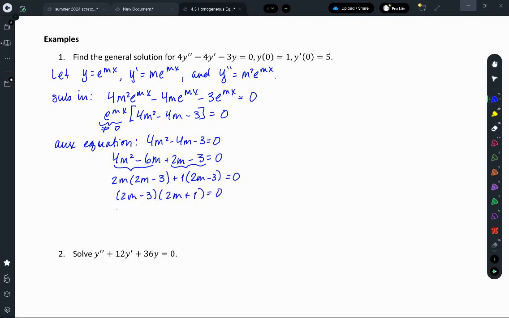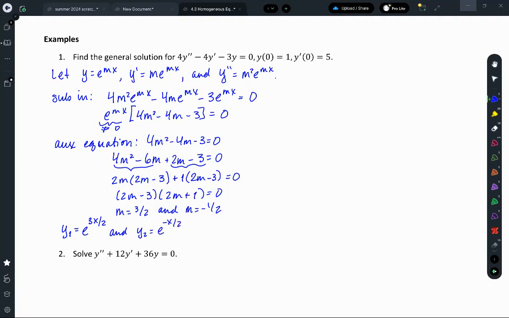All right, so m is equal to 3 halves, and m is equal to a negative 1/2. So what that tells me here is that y1 is equal to e to the 3x over 2, and y2 is equal to e to the negative x over 2.